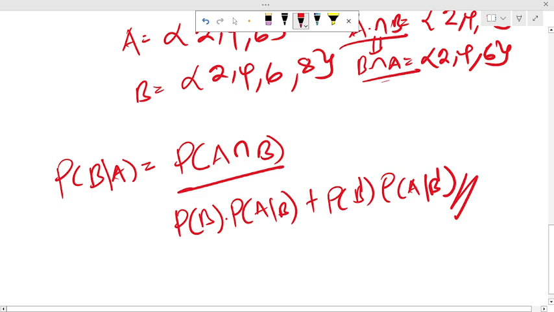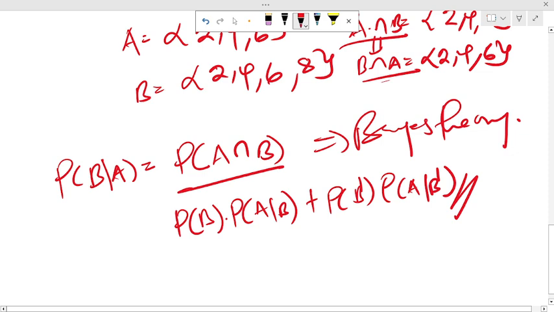So this is the Bayes theory. I hope we get it up to this point.